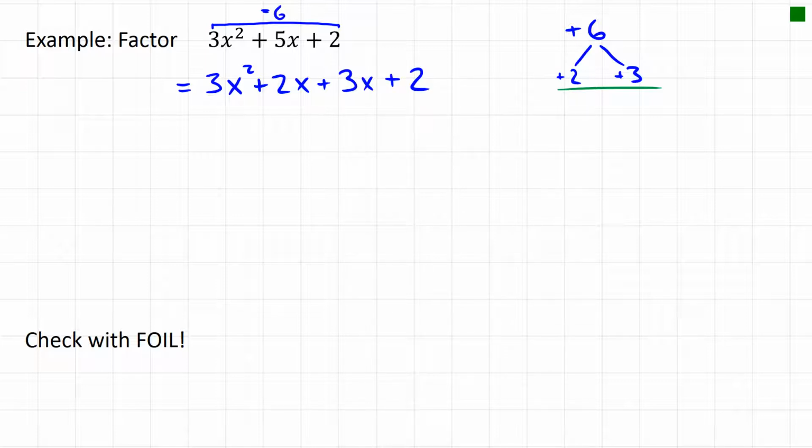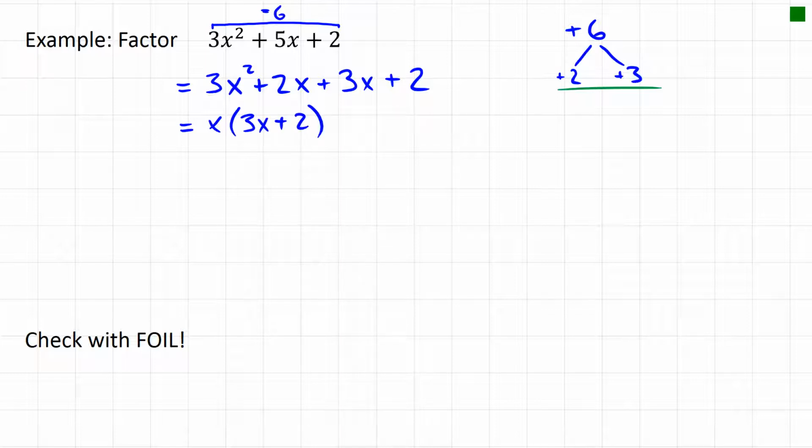It actually doesn't matter what order you put them in. You could do plus 3x and then plus 2x, or you can do the opposite way. You'll get the right answer either way. So we're factoring by grouping. In the first bracket, all that's in common is x, so we have x times 3x plus 2.